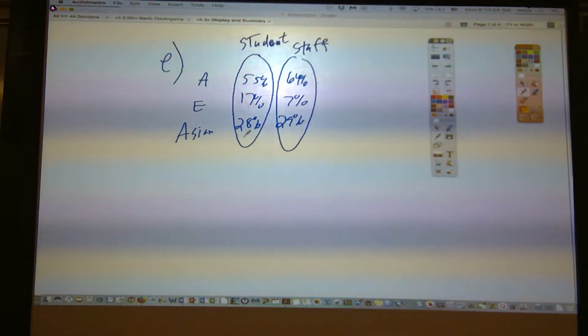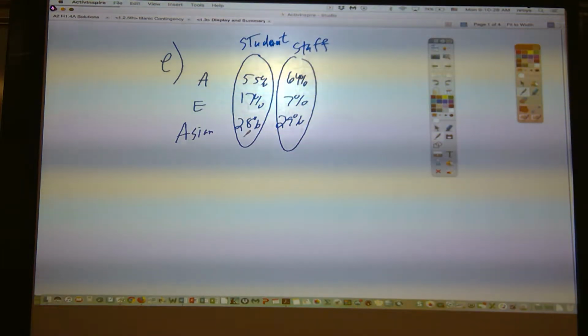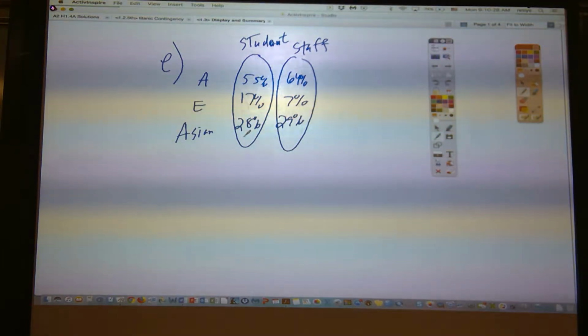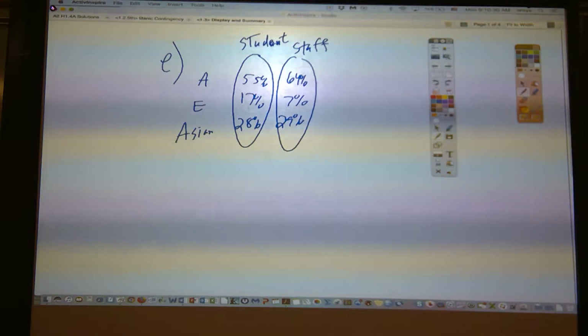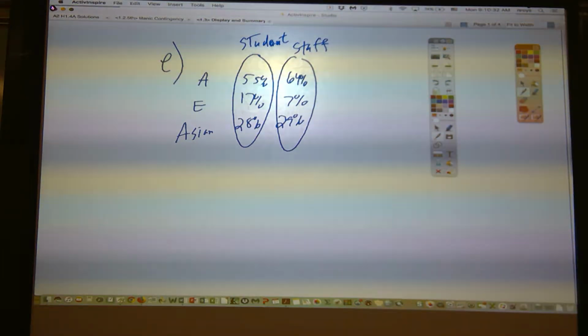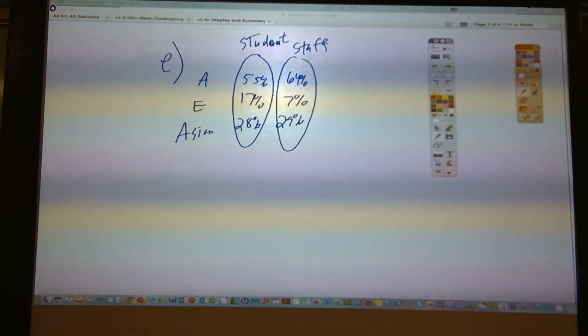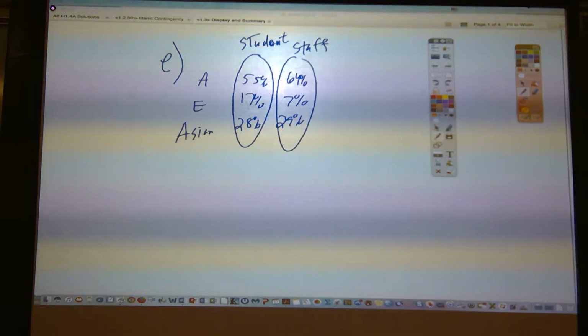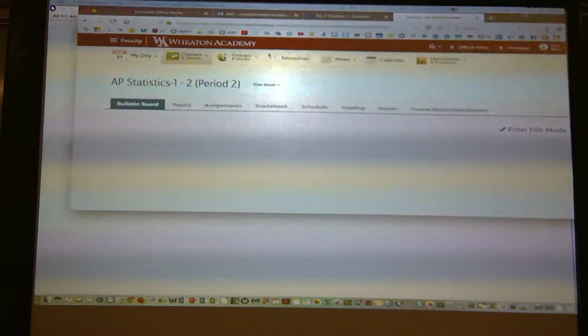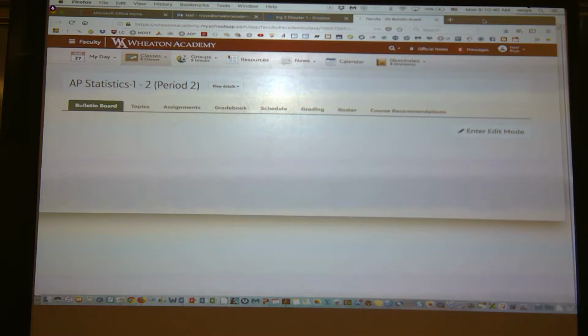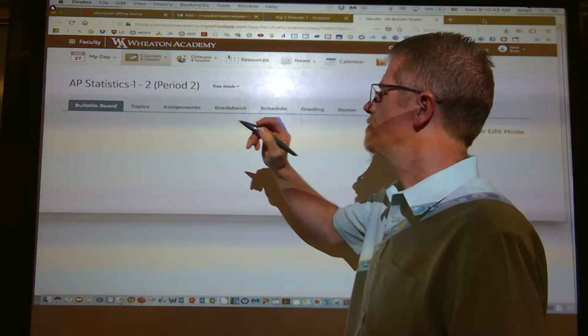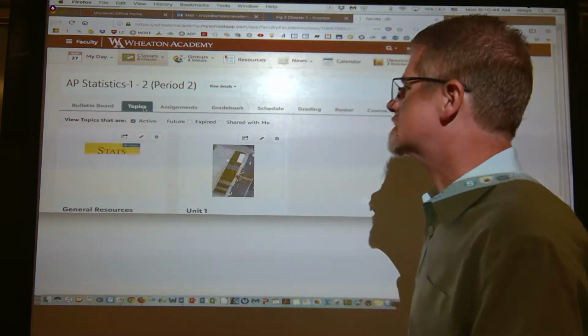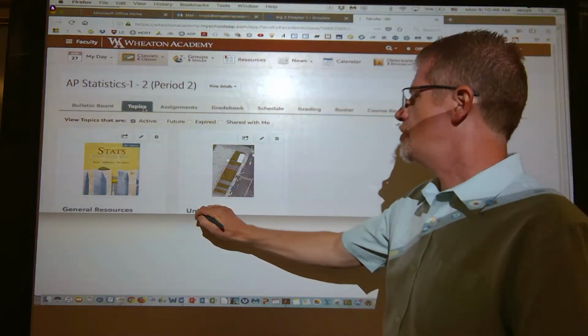All right, so those of you who are absent today, make sure that you recognize that this handout is on the website. Let's take a look at where it is. In case you ever lose this sheet of paper that I just handed out to the people who are present today, you can go to Topics and Unit 1.